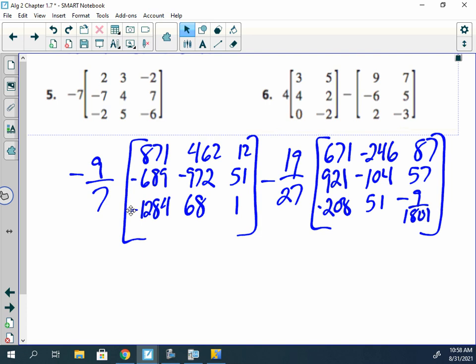And exactly, this really isn't any different. It's just we do have some fractional multiplication that we're going to do. 457, and I think that's -208, 51 and the lovely 9/1801.